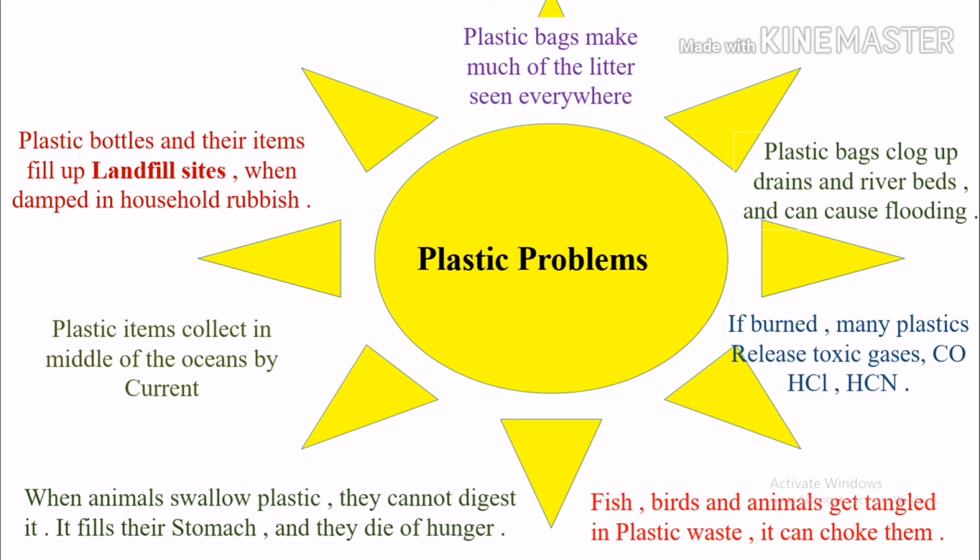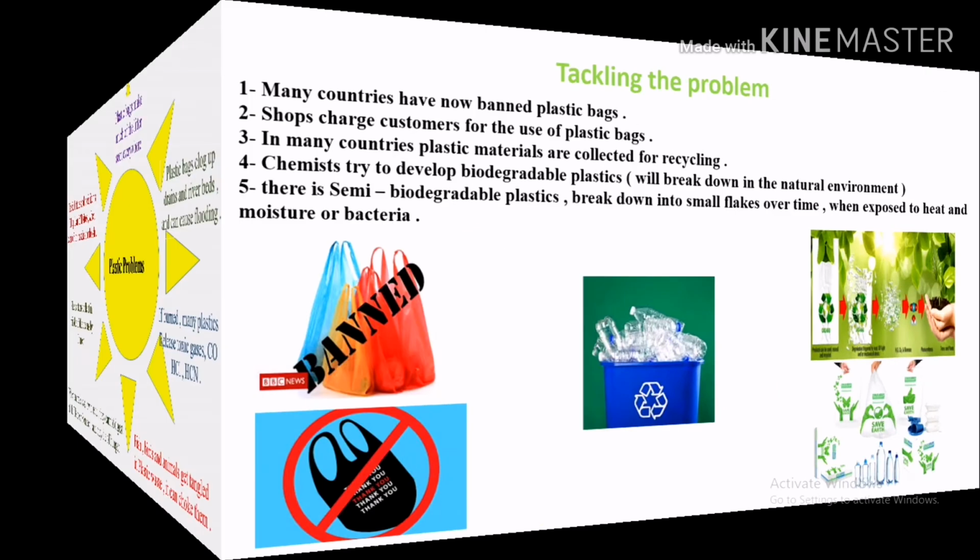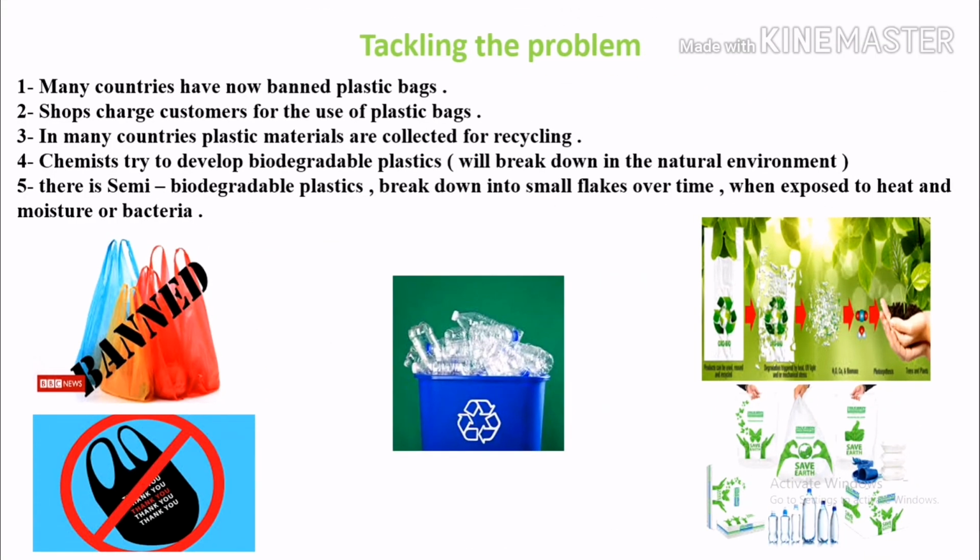Plastic items collect in the middle of oceans and cause a lot of problems for animals and marine creatures. Animals swallow plastic, cannot digest it in their stomach, and die of hunger. So plastic problems are very large problems in our daily life, and we badly need to solve them.